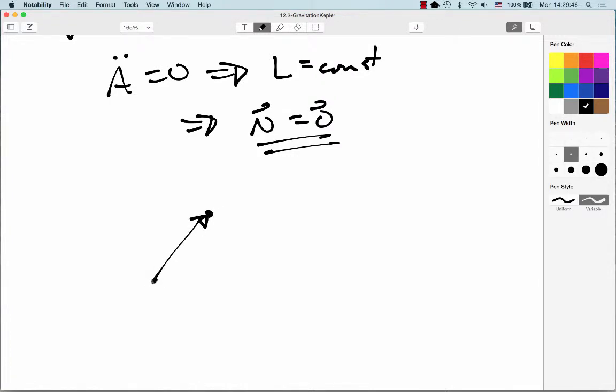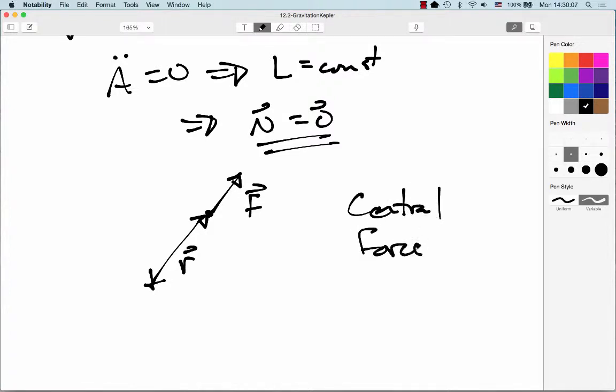So here I'll make it point away from the center just to prove the point that we can still be a little generic about it. So there's my force there. It could just as easily point in the other way, doesn't matter. There's my r. r cross F is 0. So it's either got to point parallel to r or anti-parallel to r. Either way, that is a central force. So Newton deduces that Newton's second law requires a central force, just like the cannonball thought experiment did for orbiting the Earth.